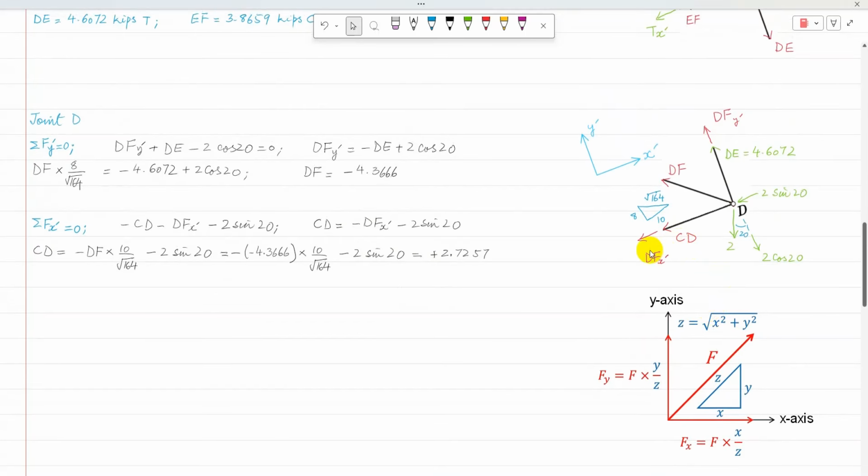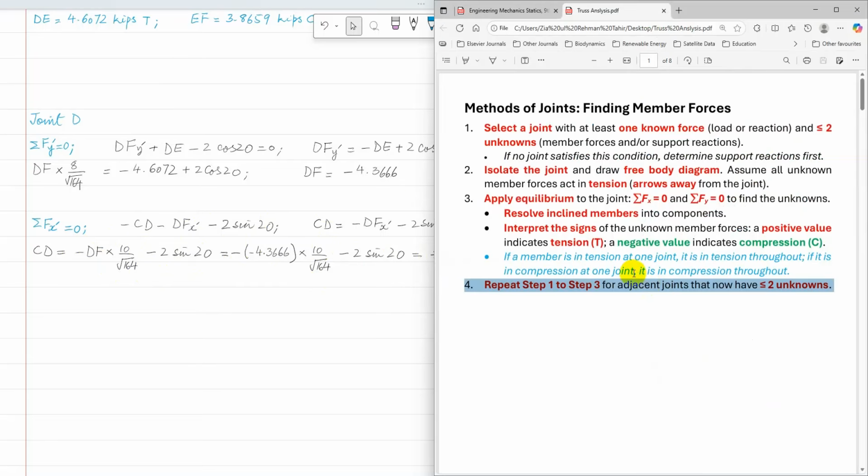So DFx' is DF times the horizontal side 10 divided by the hypotenuse root 164. After substituting the value of DF and simplifying, the answer CD is plus 2.7257.